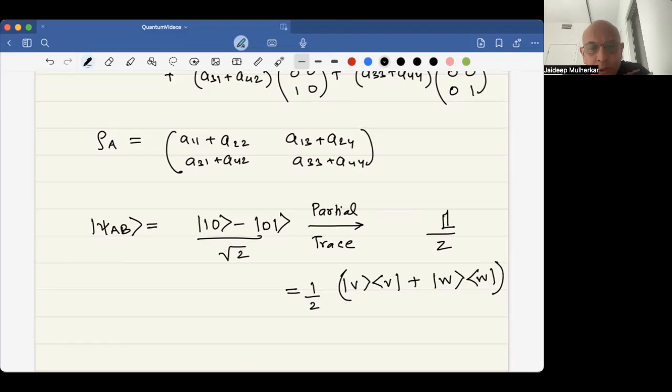In fact, if you measure any of the subsystems in any basis, it will lead to this maximally mixed state, where pretty much no information about that state is known. Even though we know the complete state, we don't know the partial information of any of the subsystems.